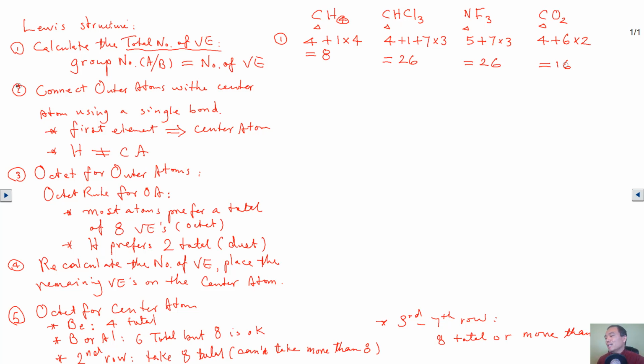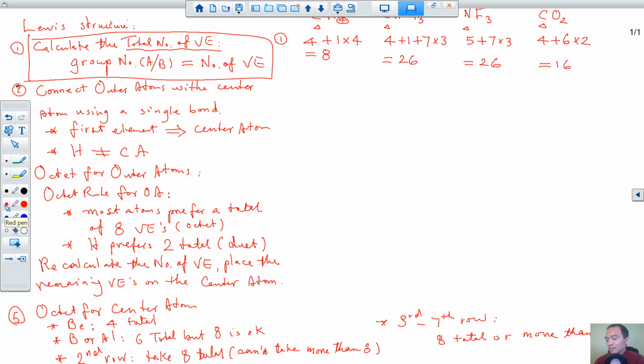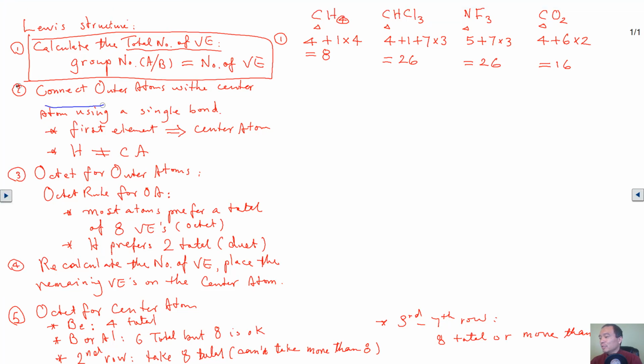I'm going to color code this. So for step 1, I'm going to work on everything in red. Second step, I'm going to maybe change it to blue. All right. So the second step, we're going to connect the outer atoms with the center atom using a single bond.